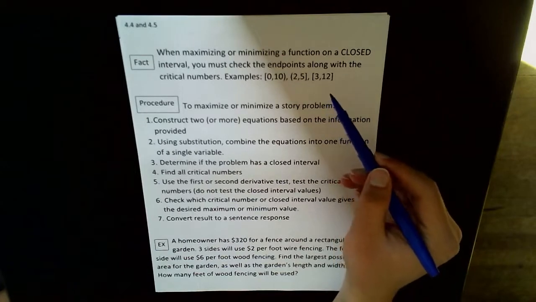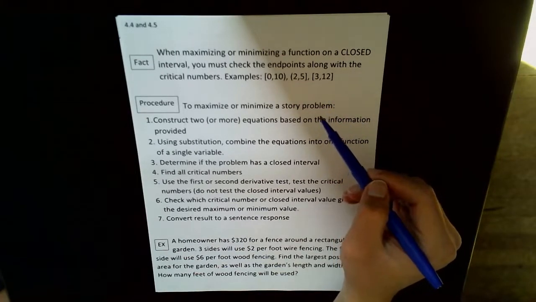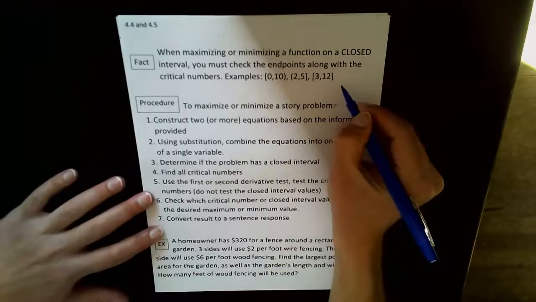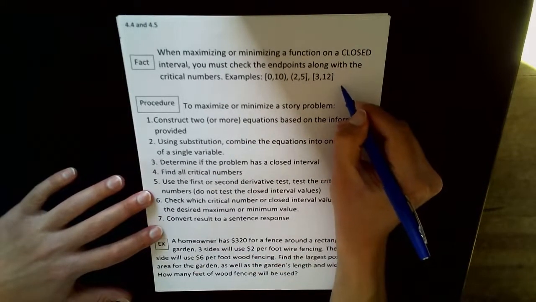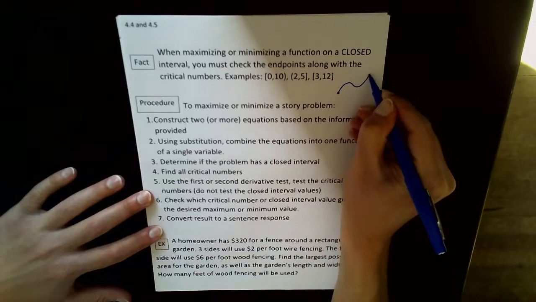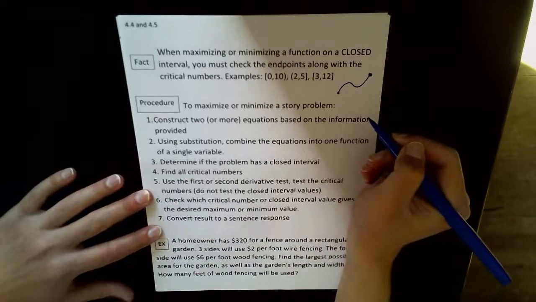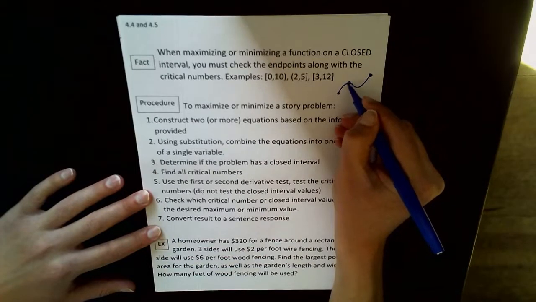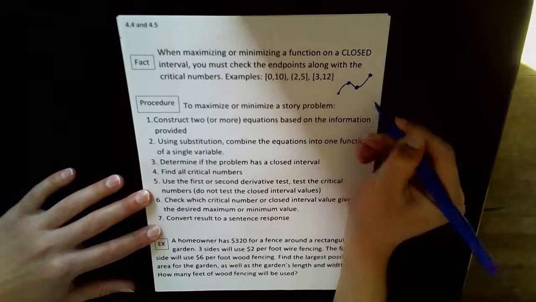They do not check for the endpoints of your graph. So there's a chance that your graph could have something that looks like this, for instance. Using the first and second derivative tests, we would only find this point and this point.